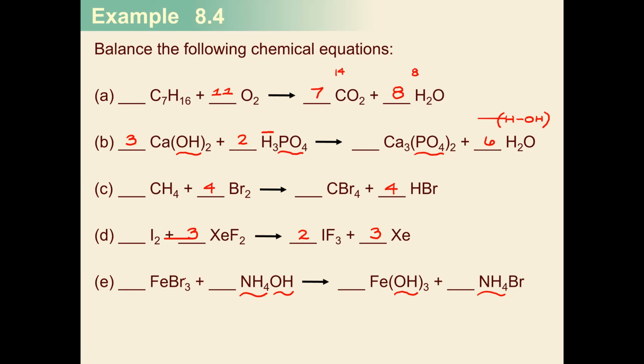Notice that I have 3 bromines with my iron. I only have 1 here on the right side. So what I can do is put a 3 over here, and that now gives me 3 ammonia. Well, if I go ahead and put a 3 in front of the ammonia hydroxide, notice that it will automatically balance my hydroxides that you see here on the right side, and I get a successful balanced chemical equation.